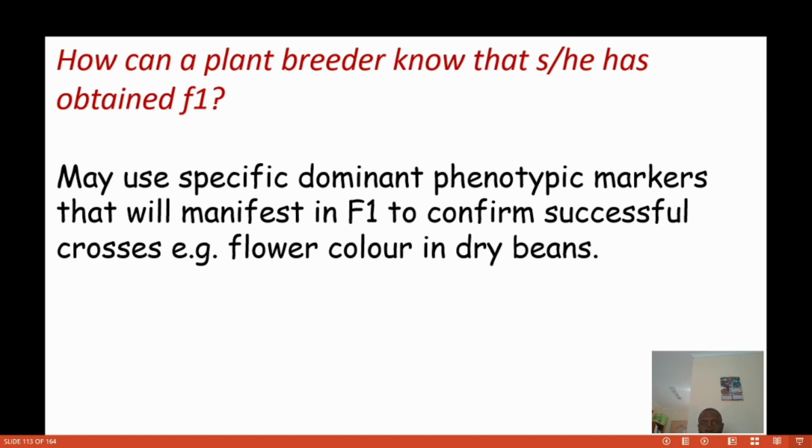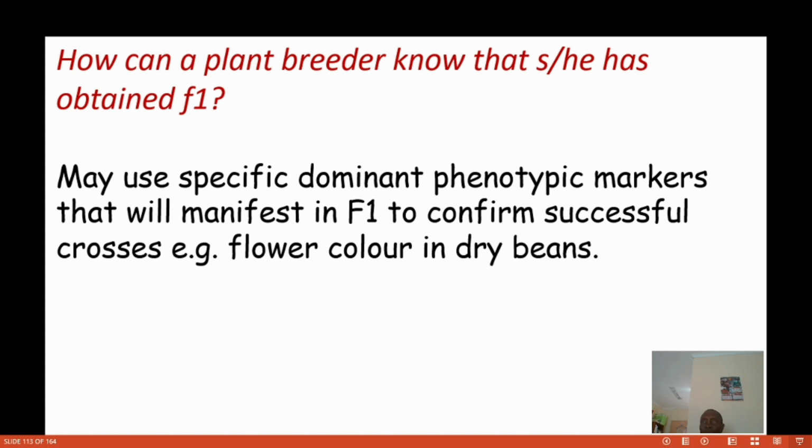So one may ask, how does a breeder know that he or she has obtained an F1? Remember, F1 is not just one single seed, one single plant. You harvest several of those. And if you see that the offspring are having a variation at F1, then you know that it is not F1, because F1 is really an intermediate.